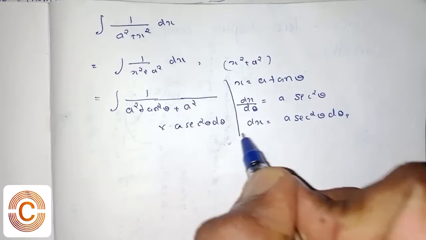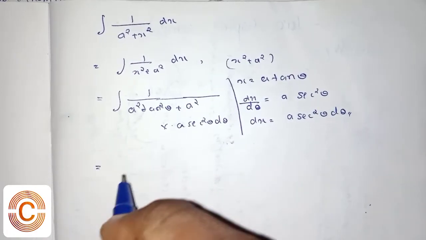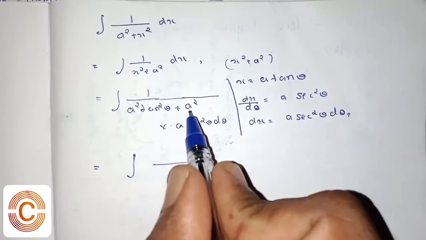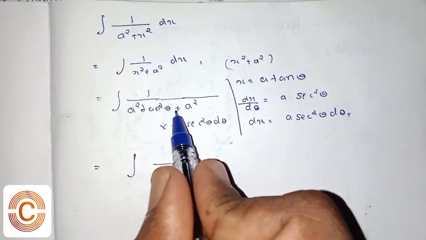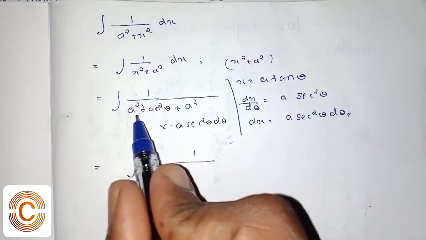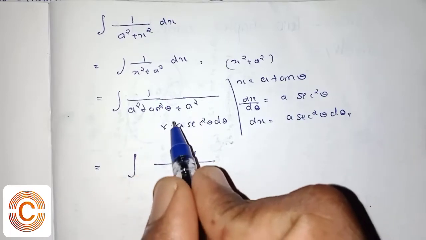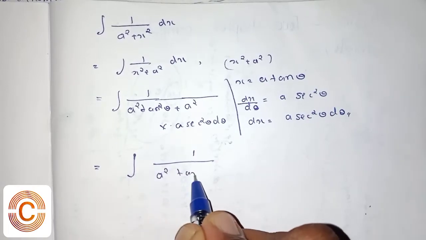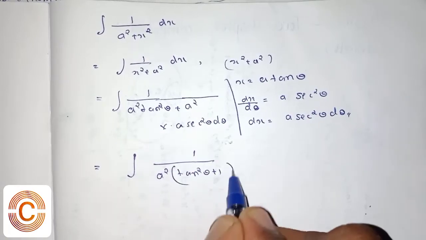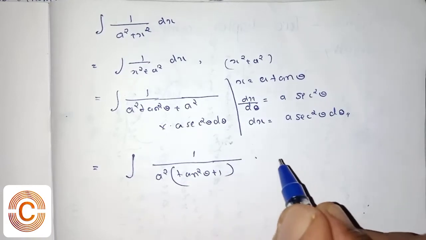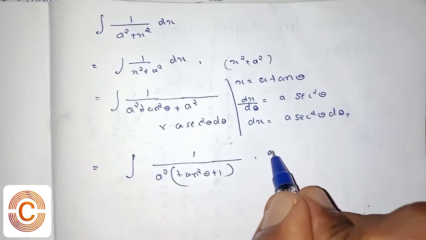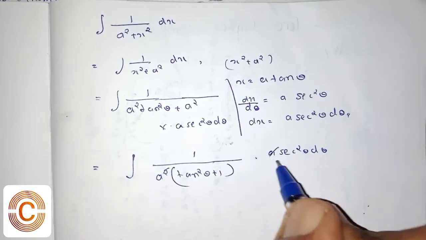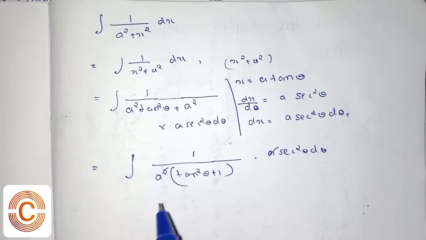In the next step, in the denominator, a square is common in both terms, so we take a square outside, and we get a square into tan square theta plus 1, with the numerator a into sec square theta d theta. The a square and a will cancel, and a constant 1 by a remains.